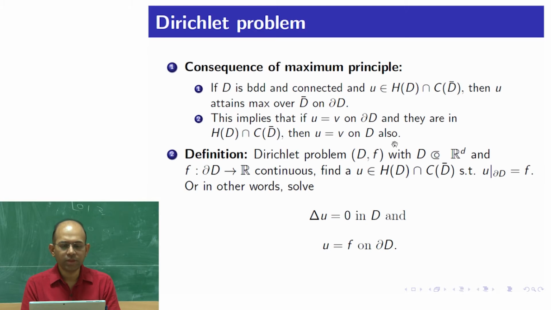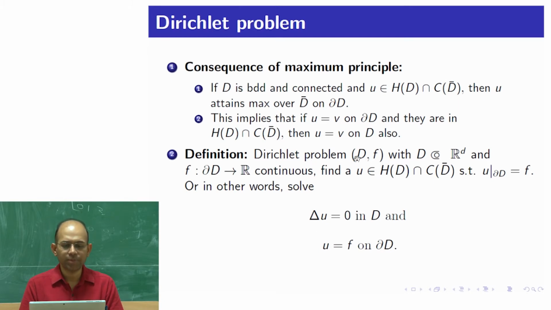Now we define what the Dirichlet problem is. The Dirichlet problem is about harmonic functions: the Laplacian of U is equal to 0 on the domain D, and on the boundary it satisfies a prescribed function, a function which is already given to us.